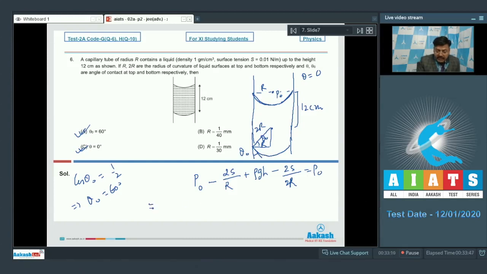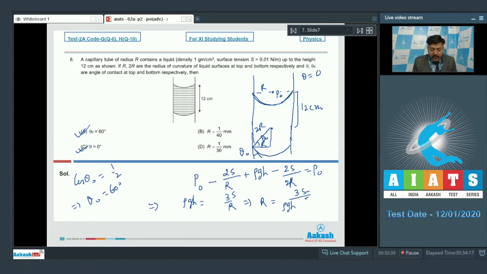So simplifying this, we get the expression rho gh is equal to 2s by r plus s by r, or 3s by r, and that gives us that r is equal to 3s by rho gh, right?